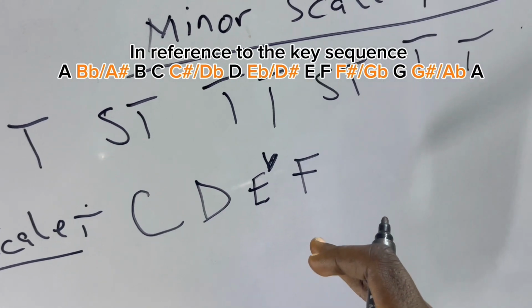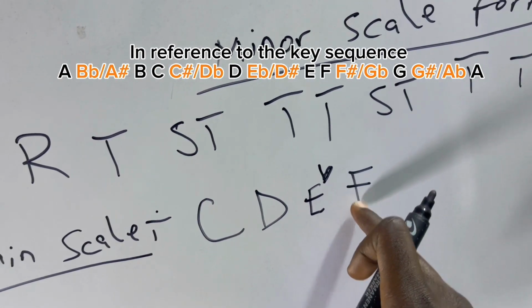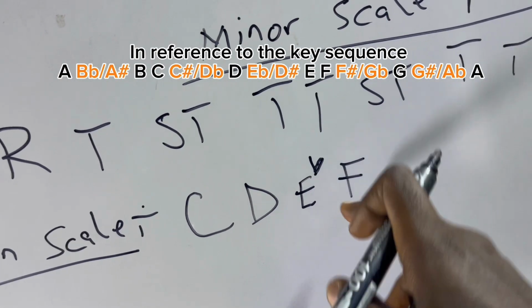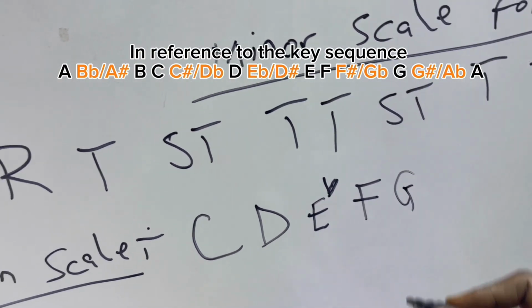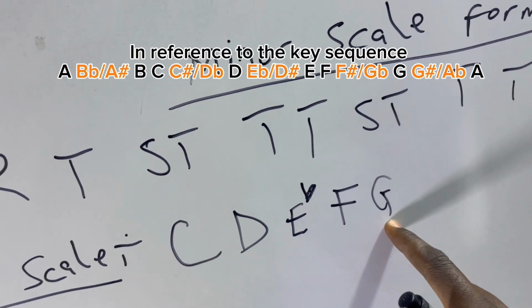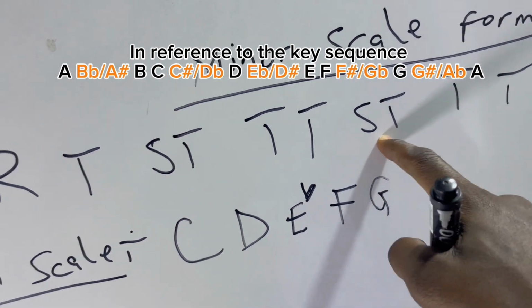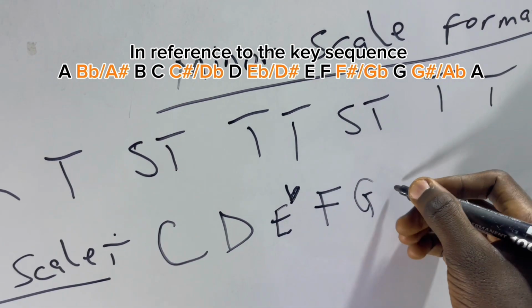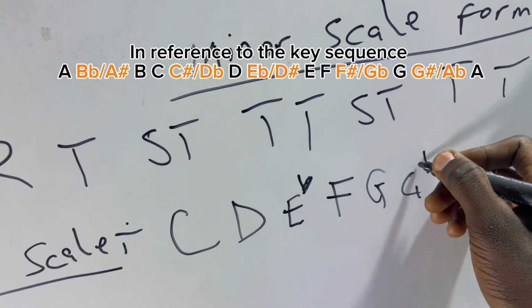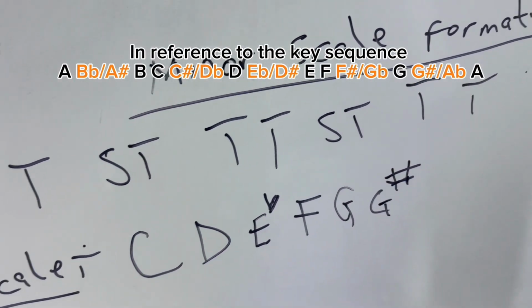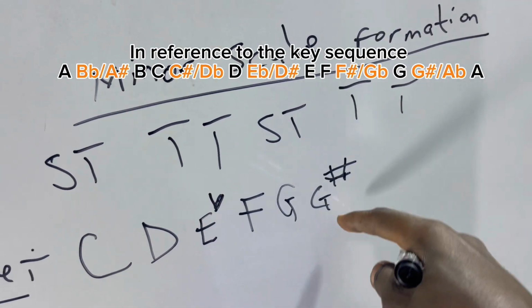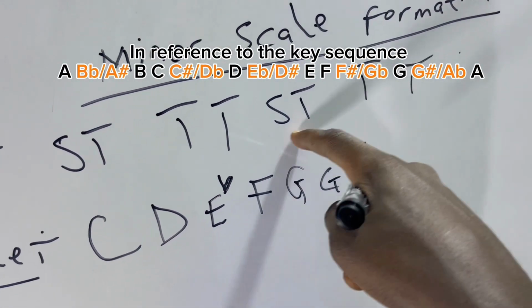Very good. And another tone is what? G. Very good. Now, from G, you move a semitone. So G, the semitone is what? G sharp. Very good. And from G sharp, the next one is a tone.